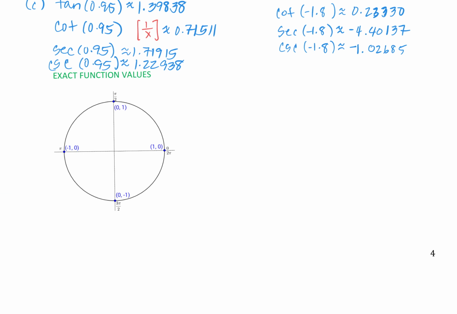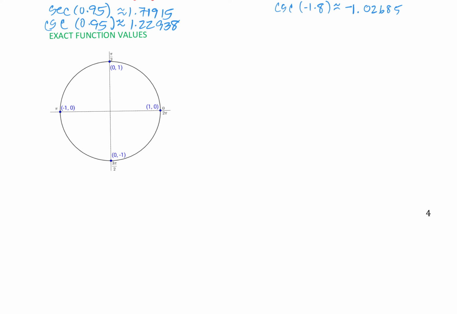So let's look at some exact functions that we can get. We were just looking at using our calculator or looking at our known values for 0, pi over 2, pi, 3 pi over 2, 2 pi, and so on. But what if we want to find some exact values, not using our calculators, for some other common values that we use for arc length? So one of those values that we typically use is pi over 4. If we look at pi over 4 on our circle, it's going to be the halfway distance in the first quadrant.